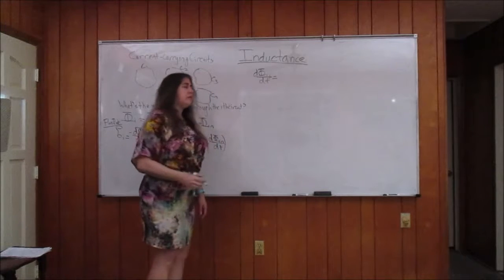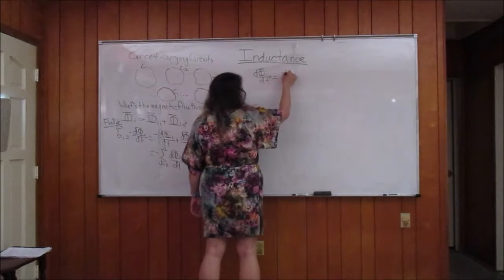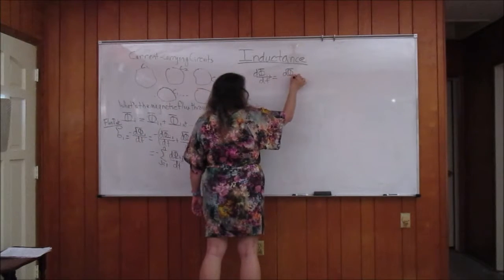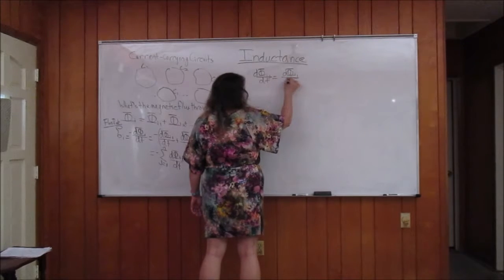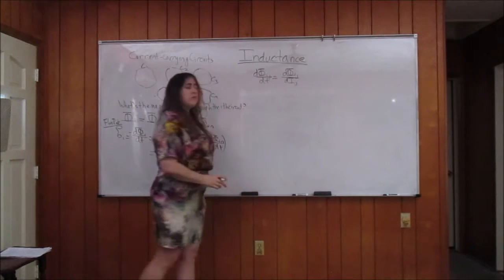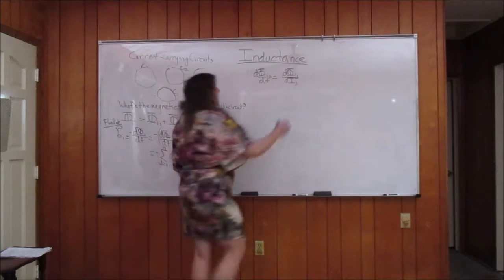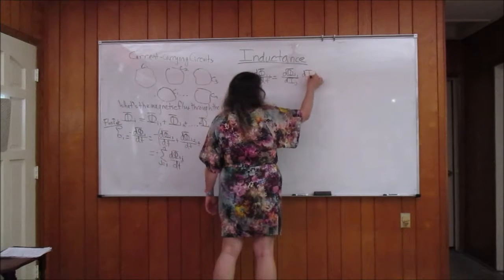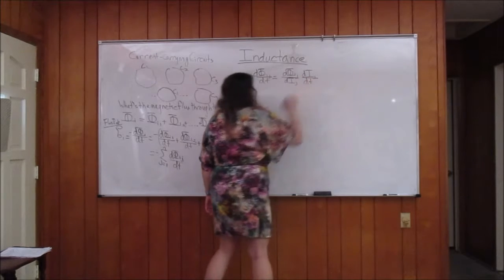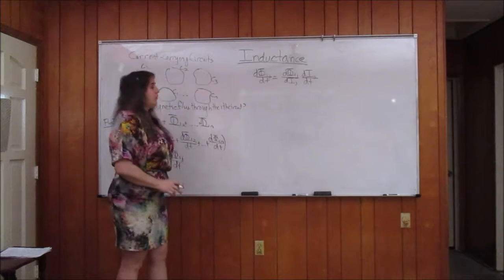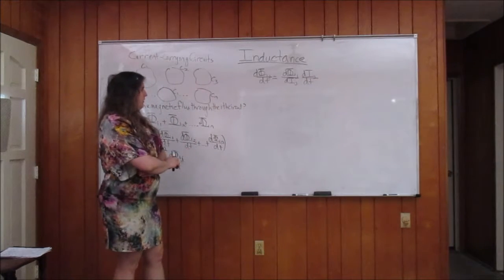I can rewrite this as the derivative of the magnetic flux with respect to the current that flows through the jth circuit times the time derivative of the current flowing through the jth circuit.